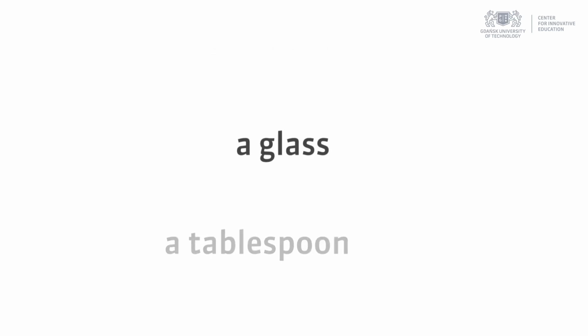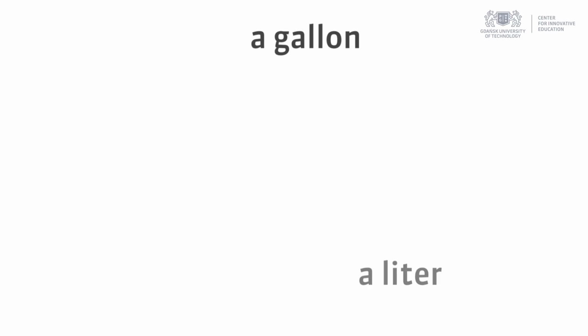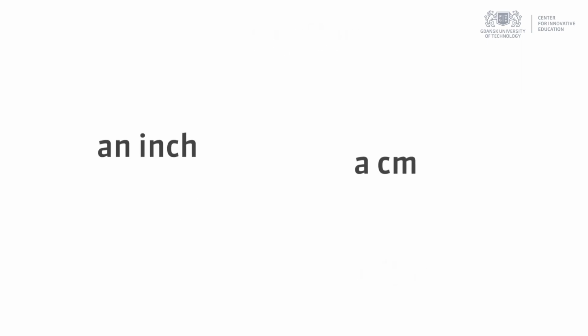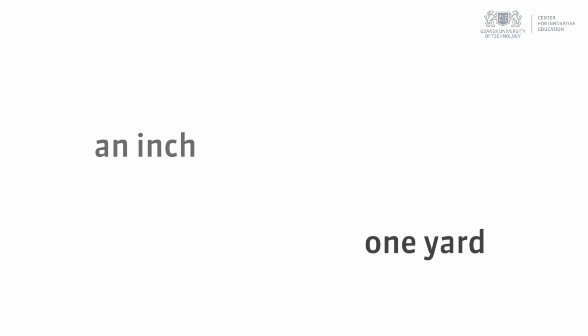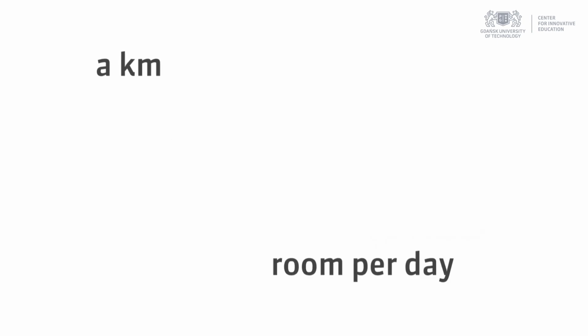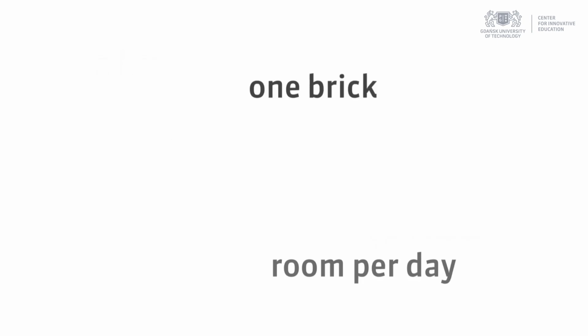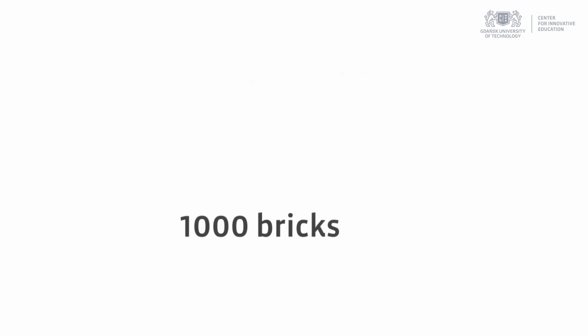It can be, for example, a piece, a ton, 1 kilogram, 1 pound, a tablespoon, a glass, a bag, a liter, a gallon, a centimeter, an inch, 1 yard, a kilometer, room per day, 1 brick, or even 1,000 bricks can be called 1 unit.